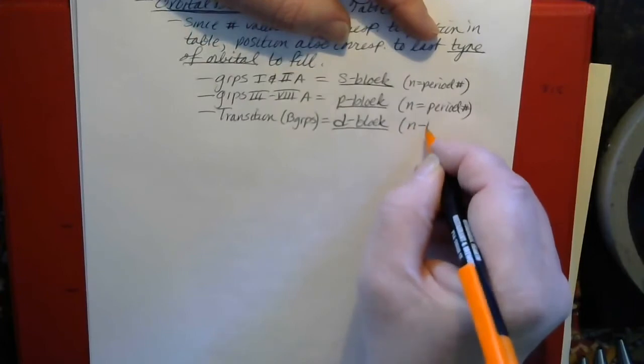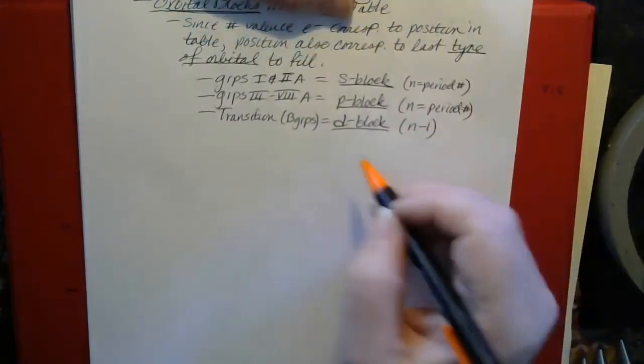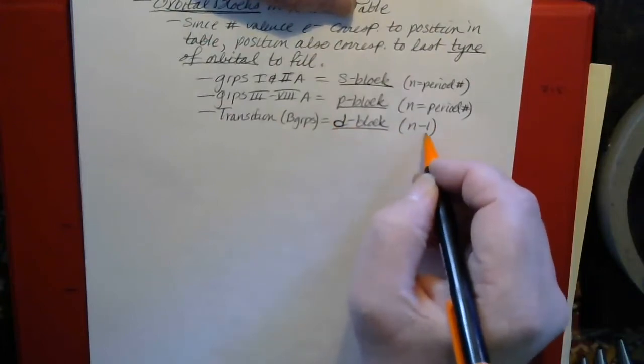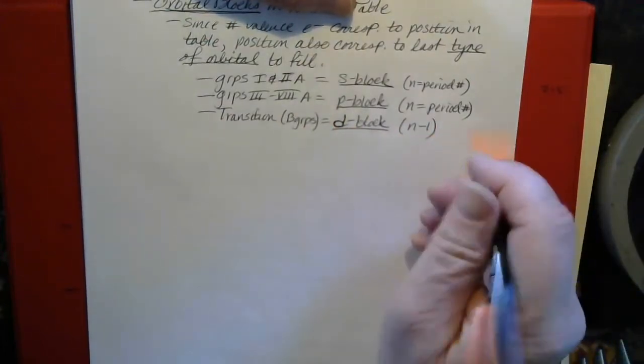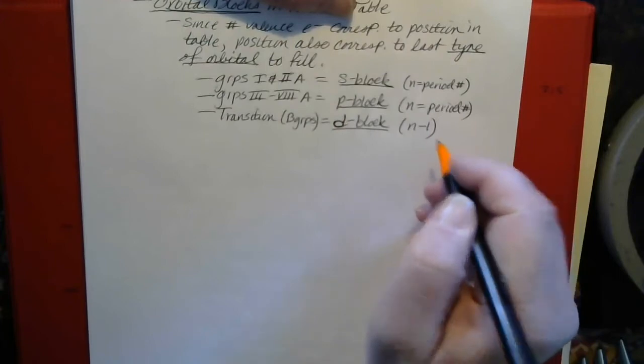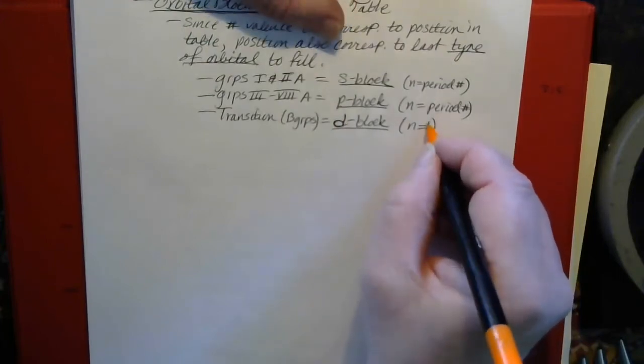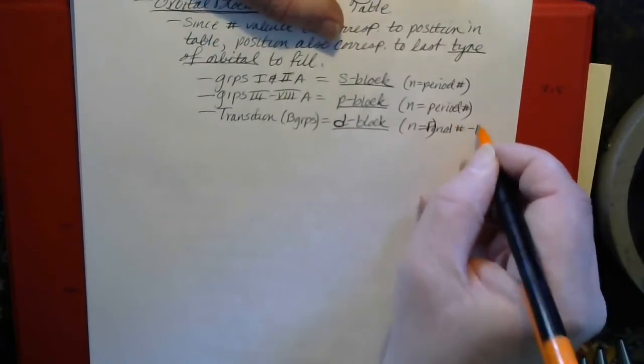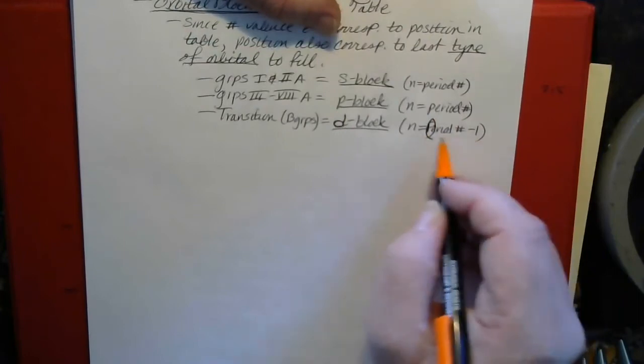And the number associated with the D block would be the period number minus 1. Or actually, let me put it like this: N would be the period number minus 1.